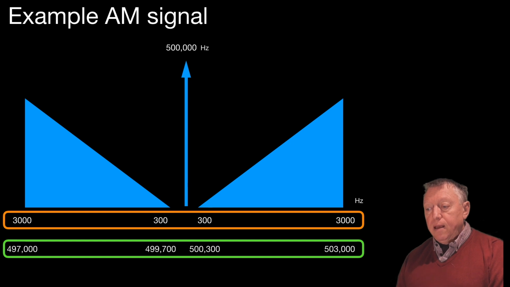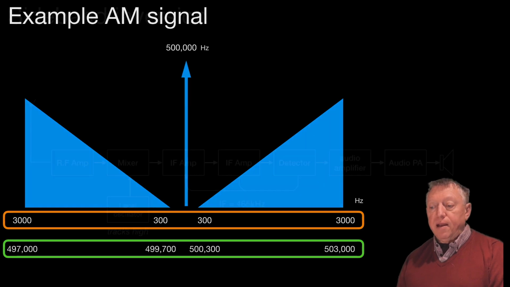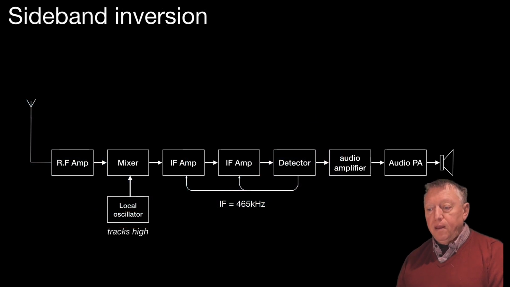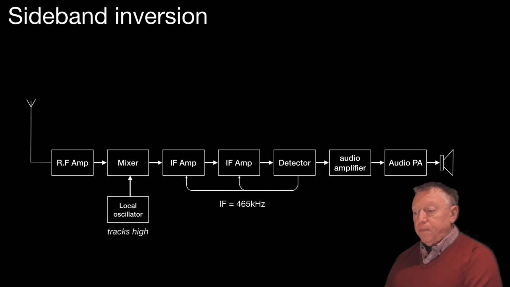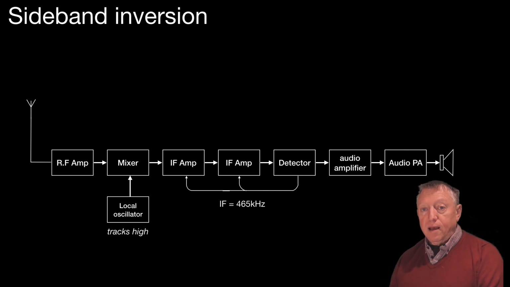So let's see what happens when we get sideband inversion and how it occurs. You'll recall this is the classic single superhet block diagram, and here we've chosen an IF of 465 kilohertz, and we've said that our local oscillator tracks high.